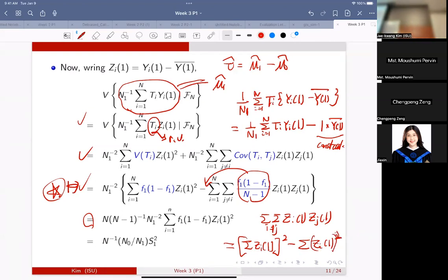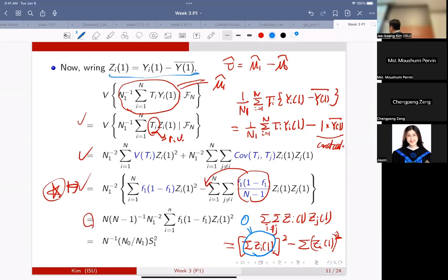So this is essentially the cross product over i not equal to j, which is the square minus this. And what we want to use is that this guy is equal to 0. The summation of Zi is 0 because of the definition of Zi. Zi is a mean-subtracted random variable, right? The definition of Zi is here.